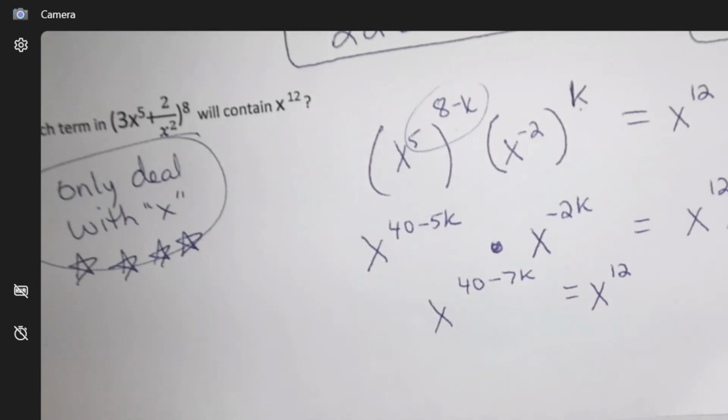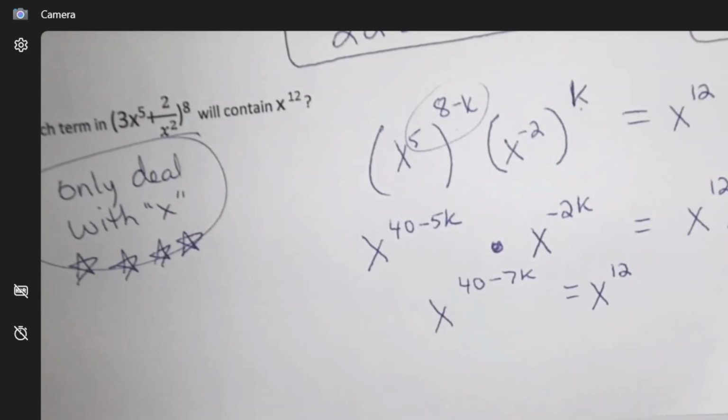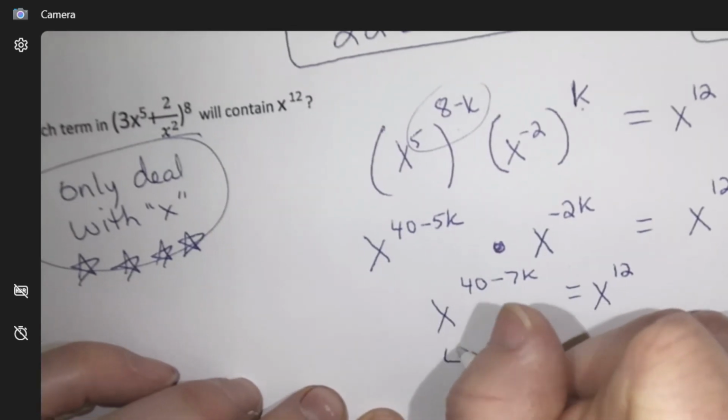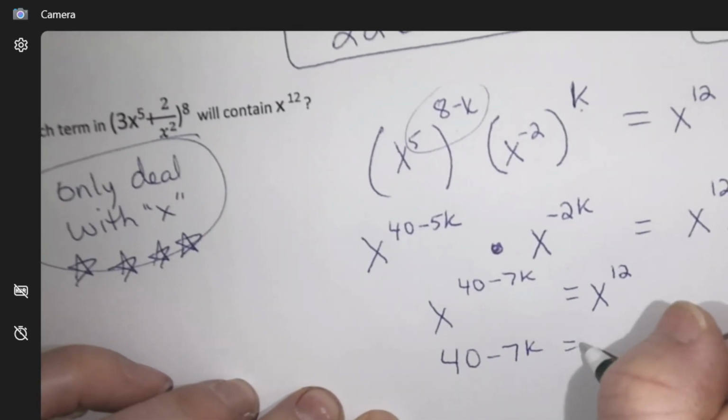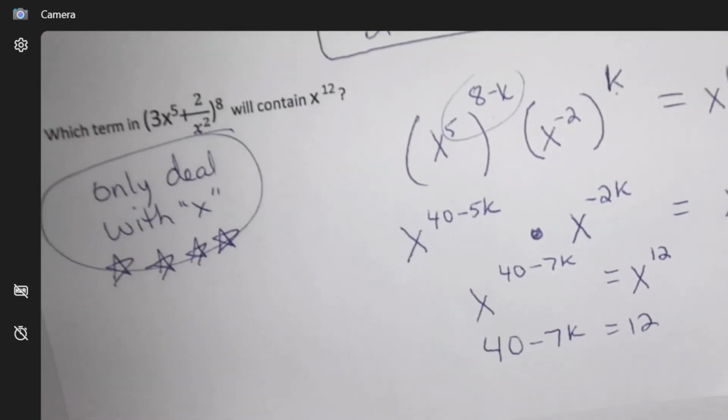Okay, is this safe to say in math that we can forget about the x's? Can you see that? Because if both have a base x, we just have to now equate the exponents. So forget the x's. We're going to say, well, this exponent should equal that exponent, so that the sides can be equal.